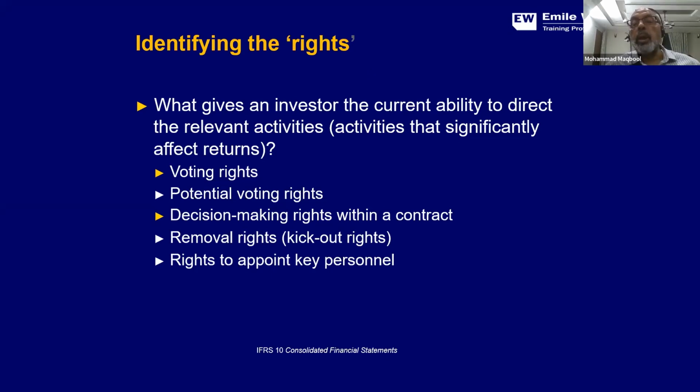Third is decision-making rights under a contract, and the removal right, the kick-out right, and the right to appoint key personnel. If you have control over these kinds of activity and the ability to direct them, then we will say that this is the meaning of directing those activities. We can take them one by one.